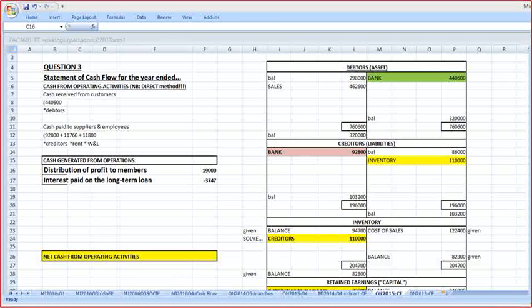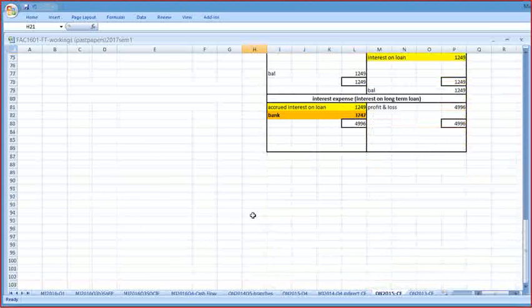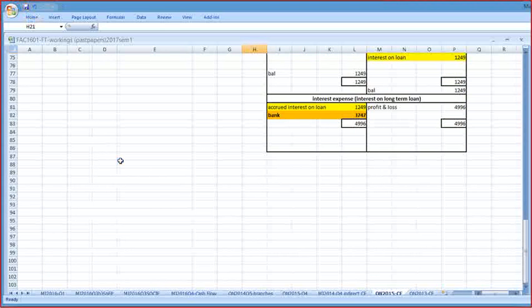So the opening balance was 46. Closing was 587. So then the bank is going to be 427. The bank isn't going to be 427.